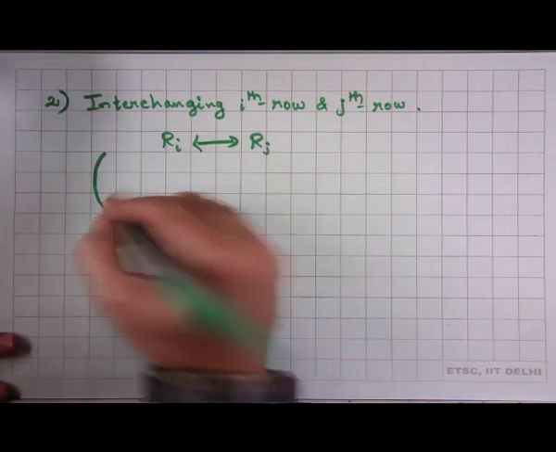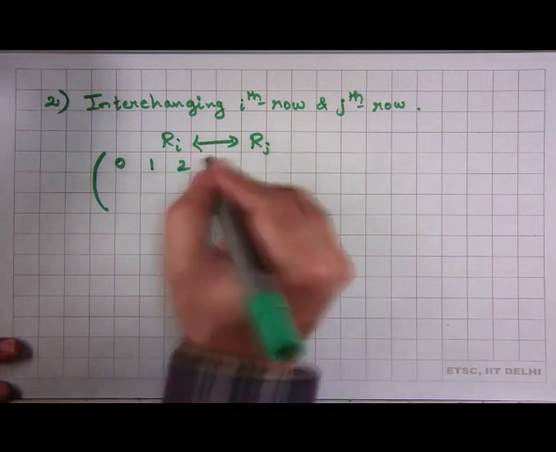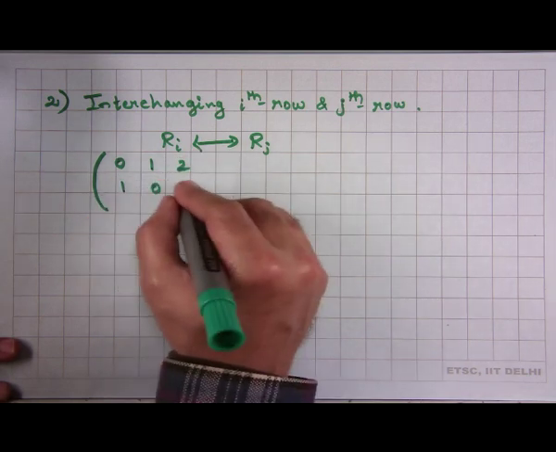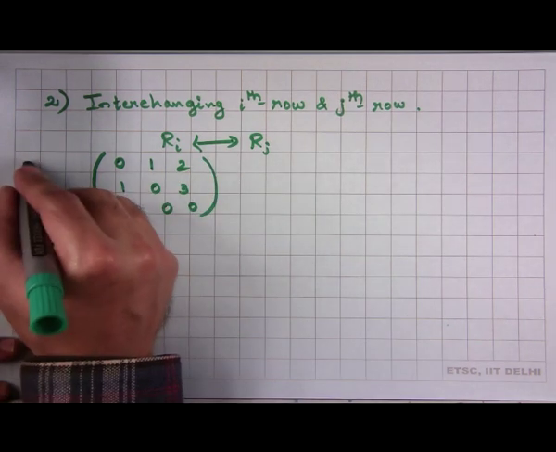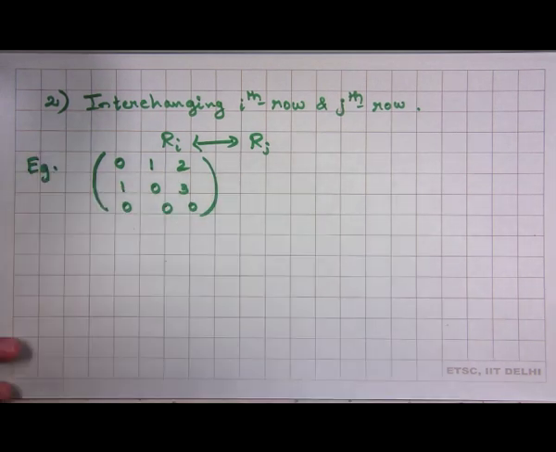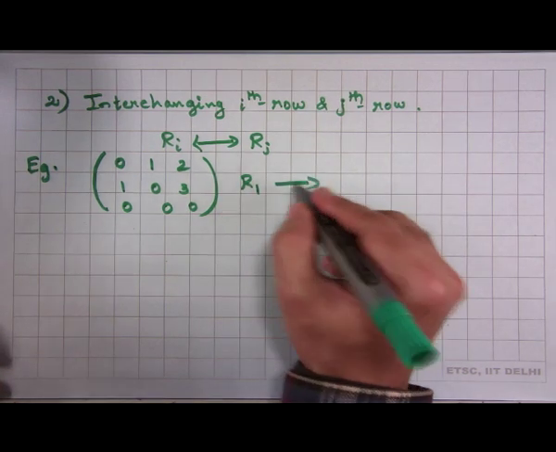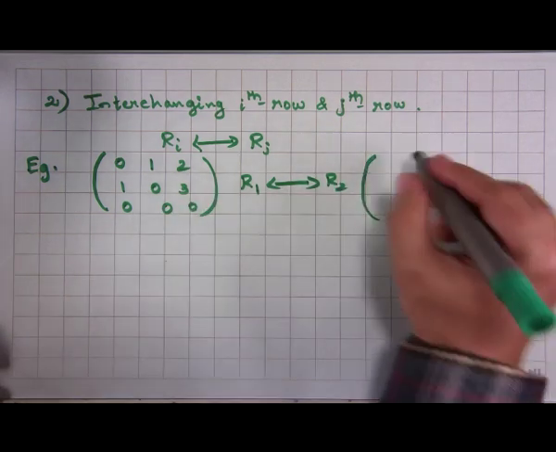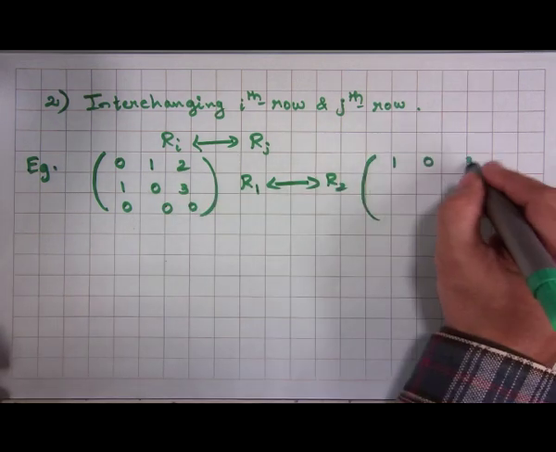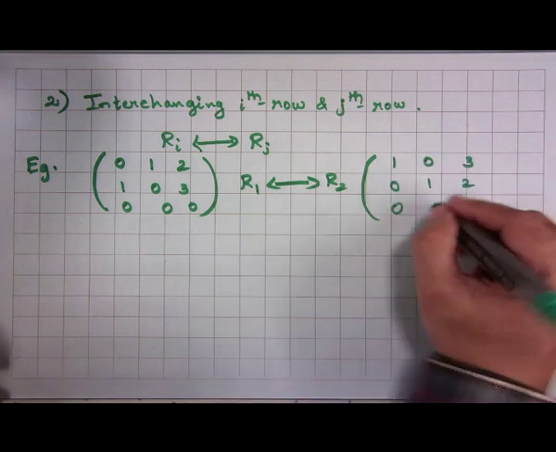So, let us look at one example: 0, 1, 2, 1, 0, 3, 0, 0, 0. What is it that we are going to do? We are just going to swap R1 and R2. And what will you have if you swap? 1, 0, 3, 0, 1, 2, 0, 0, 0.